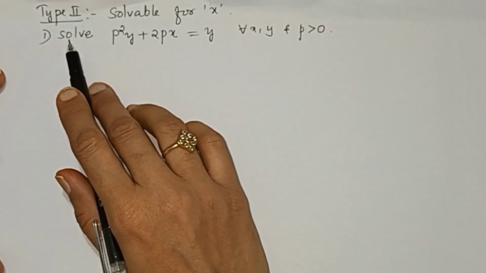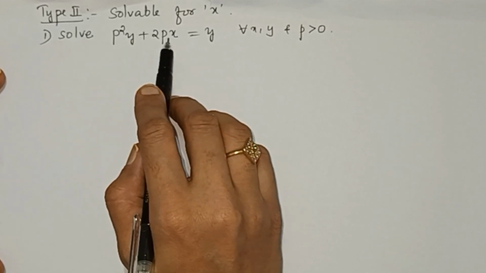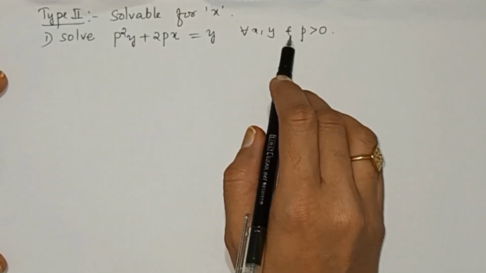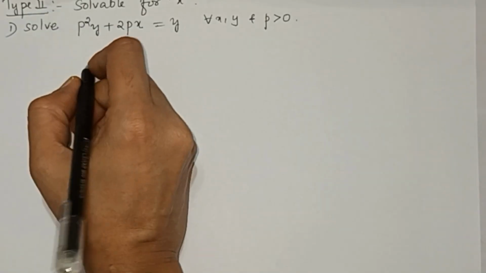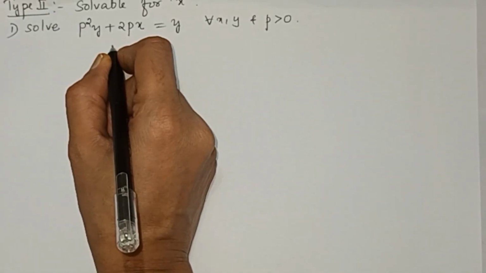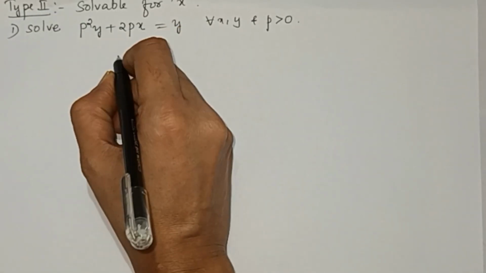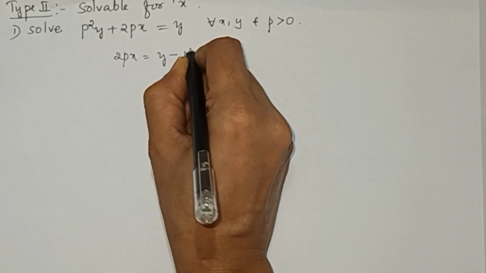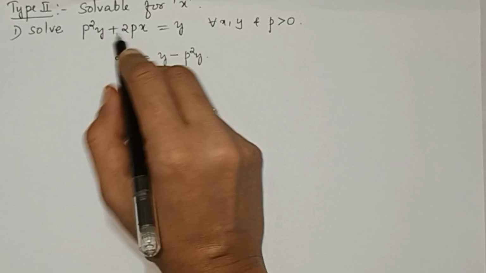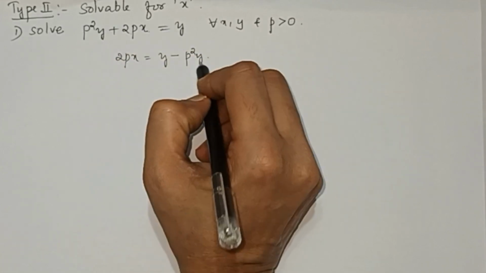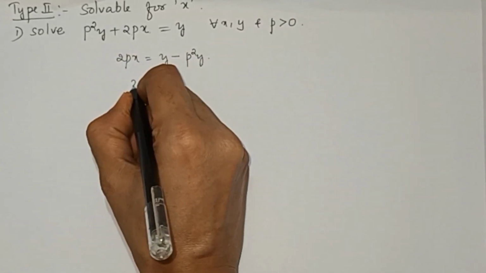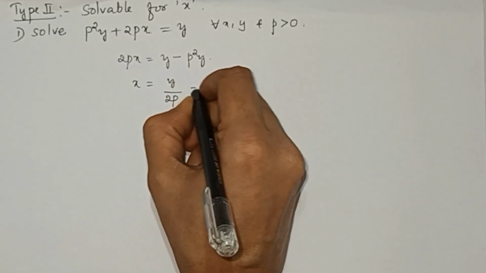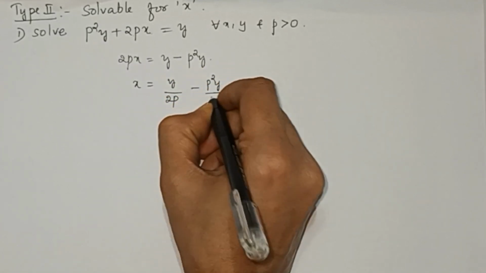First problem: solve p²y + 2px = y for all x and y, and p greater than 0. See here, first you have to rewrite the given equation in terms of x, that is 2px = y - p²y, then x = y/(2p) - p²y/(2p).